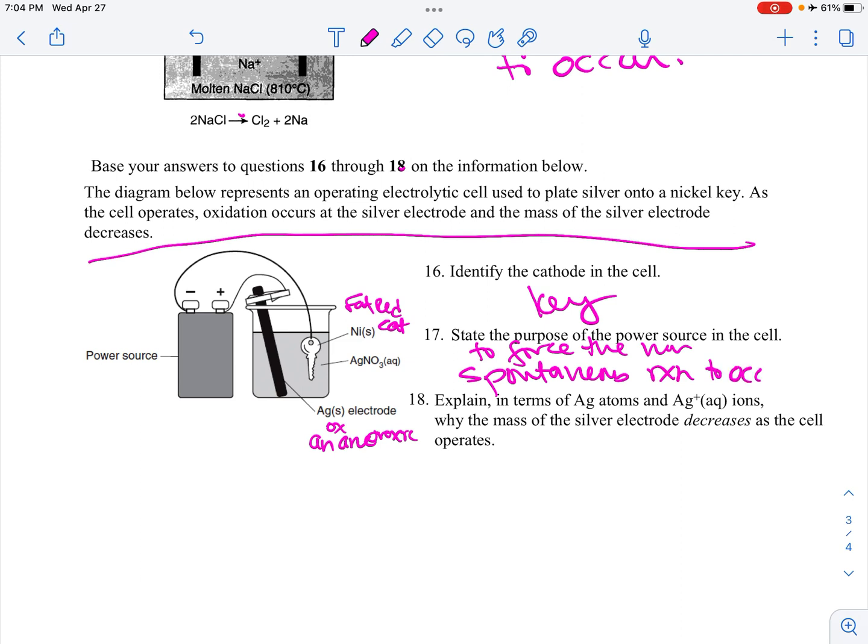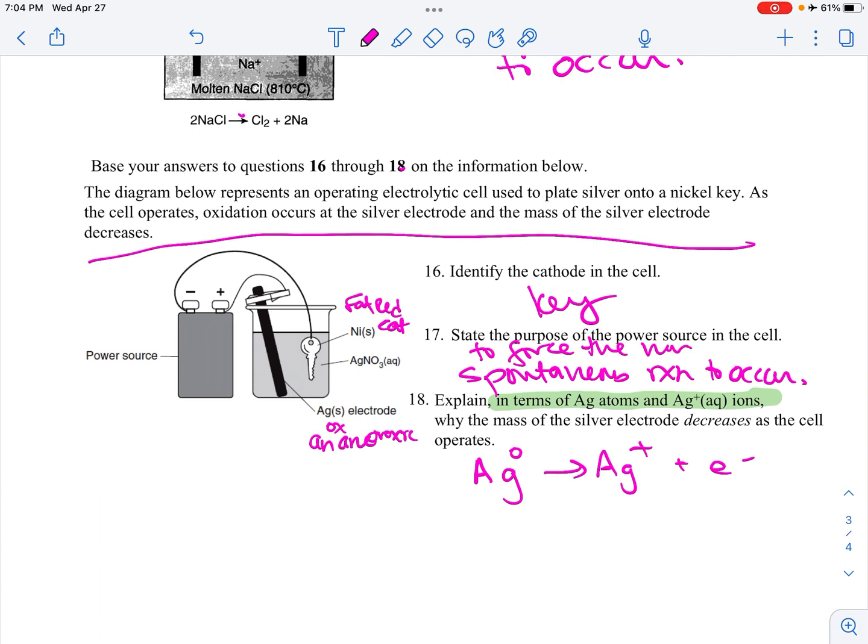All right, another one, in terms of. Which means you've got to talk about both of those in your answer. Explain in terms of silver atoms and silver plus one ions why the mass of the silver electrode decreases as the cell operates. Okay, so this is not the answer. This is just a reaction. This is what happens: the silver electrode becomes silver plus one, which means it lost an electron.